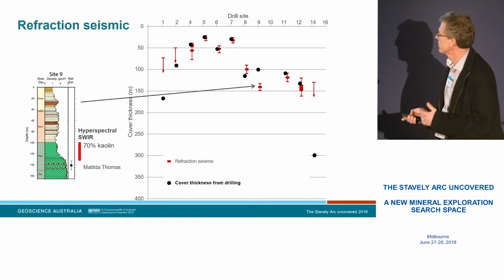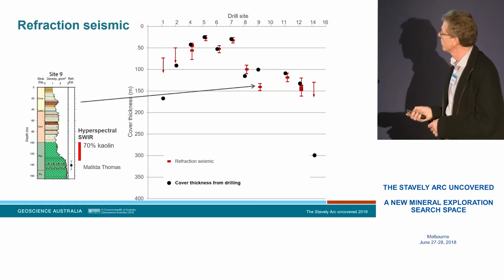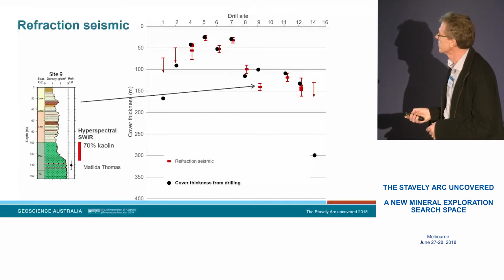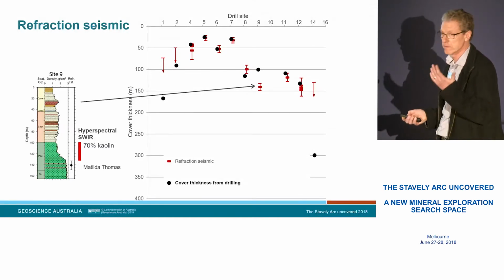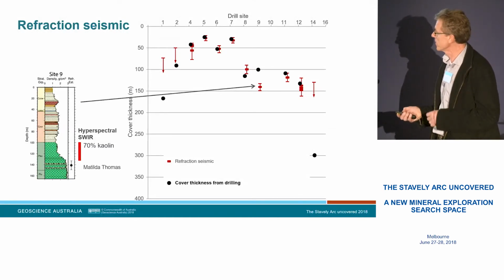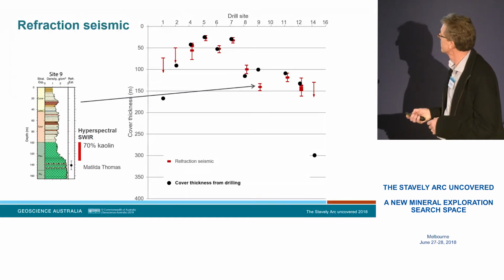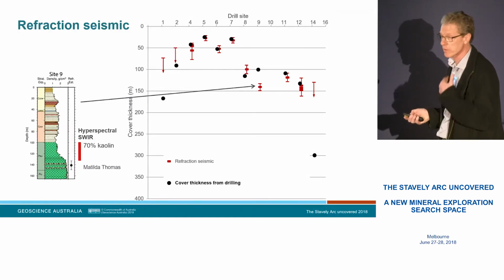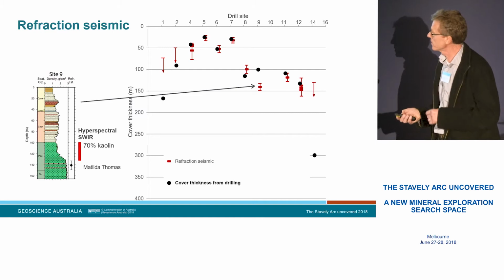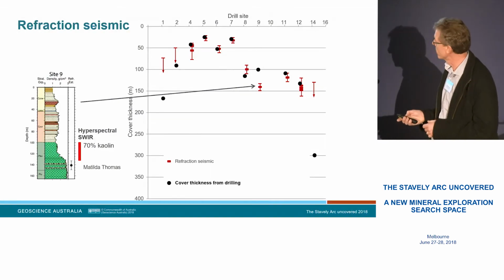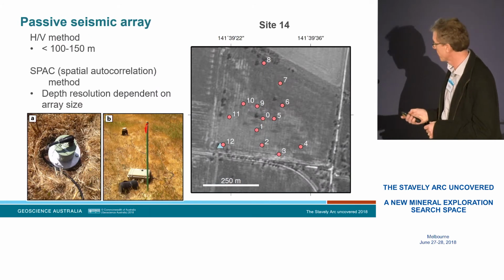If you look at the hyperspectral results from the drill core, work done by Matilda Thomas, there's elevated kaolin counts at the top of the hole, which reduce as you go down. Kaolin's an indicator of weathering, so in this case, at this hole, the depth estimate is to the top of your fresh basement, basically below your weathering zone. So generally refraction's done pretty good.